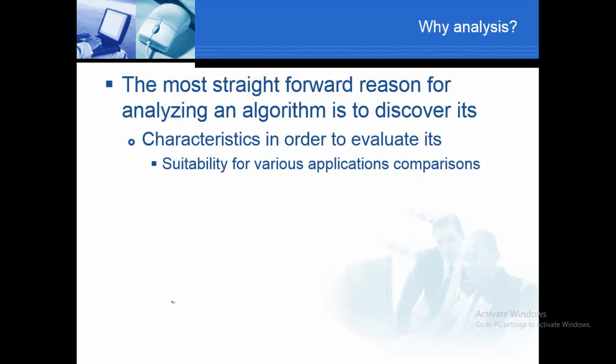Why analyze? I mean, the analysis is important, but why? The most straightforward reason for analyzing an algorithm is to discover its characteristics in order to evaluate its suitability for various applications and comparisons. That's why analysis. It means that actually we compare, for example, sorting algorithms: the insertion sort algorithm and, for example, the quick sort algorithm.